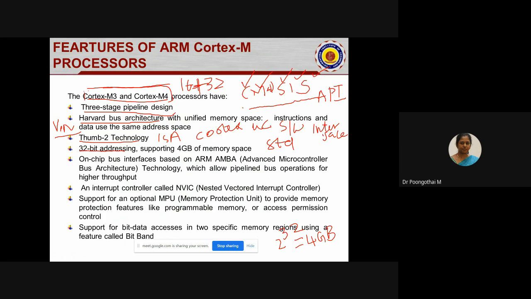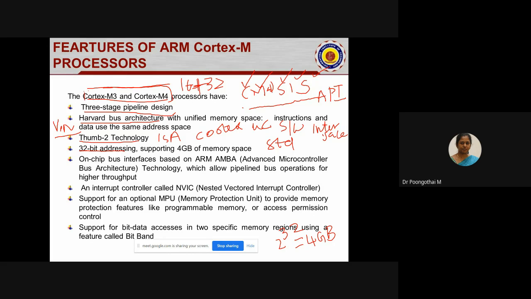This memory space is utilized by program code, data, peripherals, and some of the debug support components. Since it is a 32-bit processor, the address bus size is 32, so 2 power 32 is equal to 4 GB.